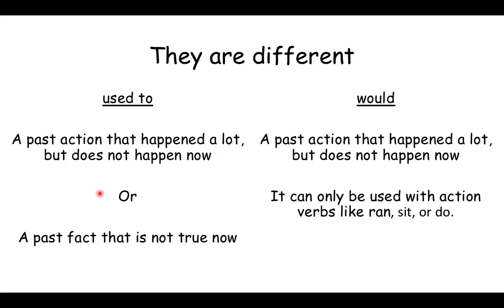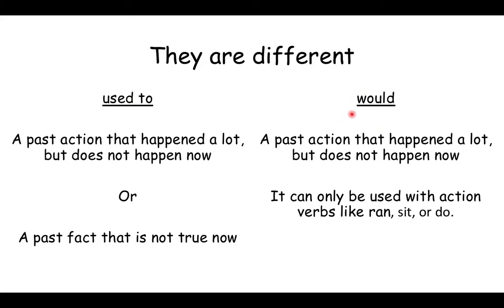So you would only say that if you lived in a different place. Or you could say, "I used to live in Provo, but now I live in Salt Lake City." So that's what "used to" is used for.